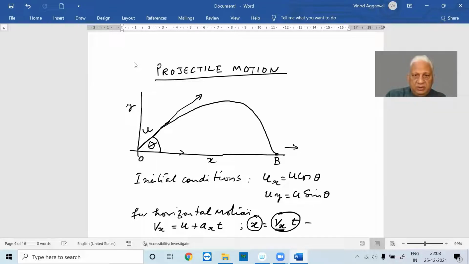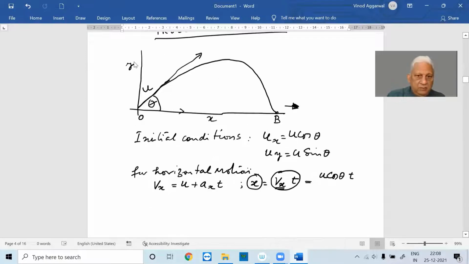There is no acceleration acting in the x direction. So velocity in the x direction remains constant, which is equal to the initial velocity in the x direction, which was u cos theta, times t, right?